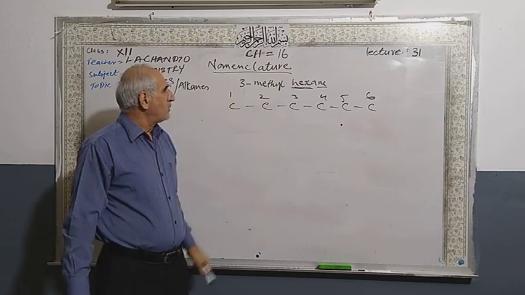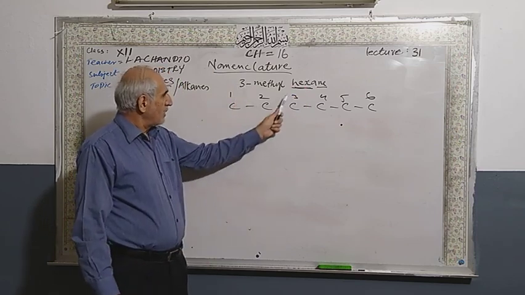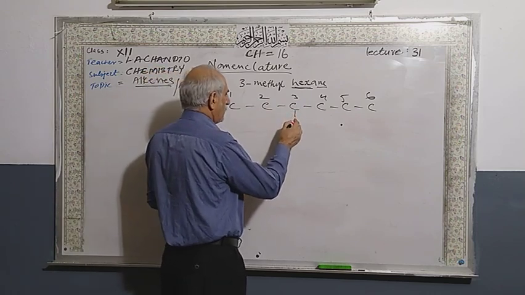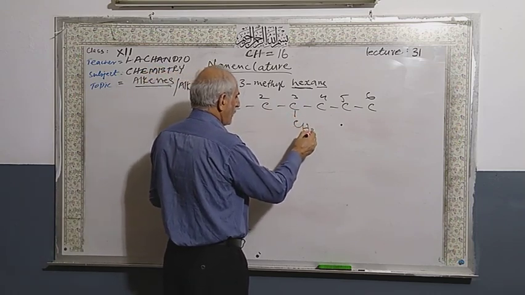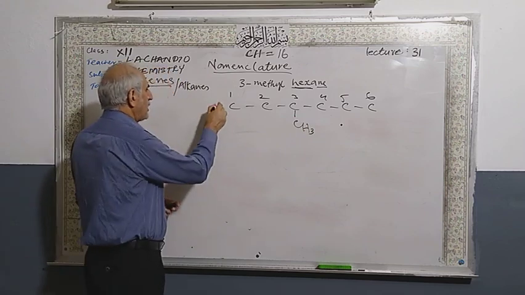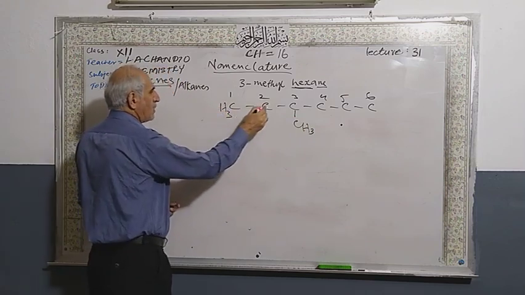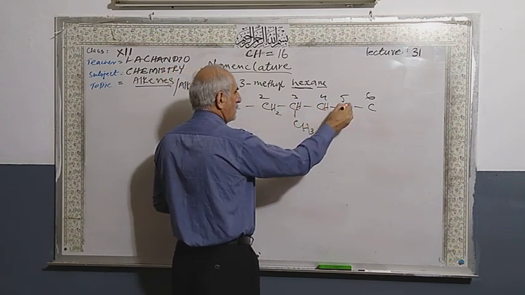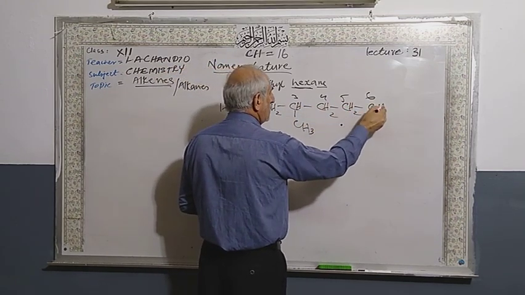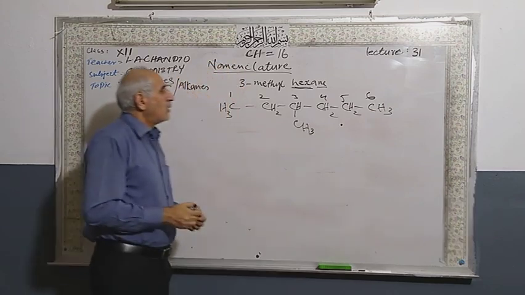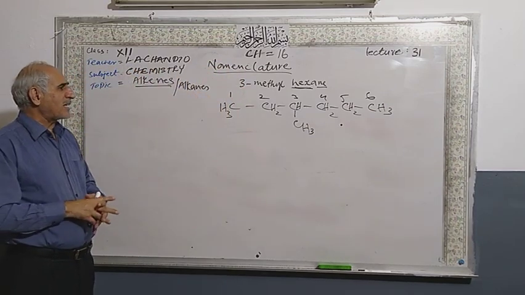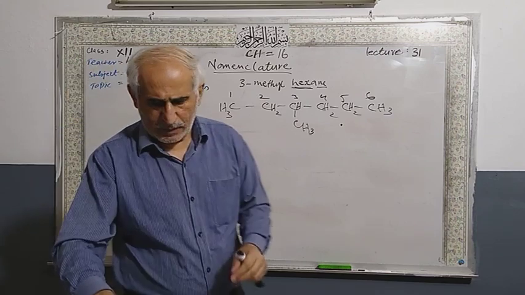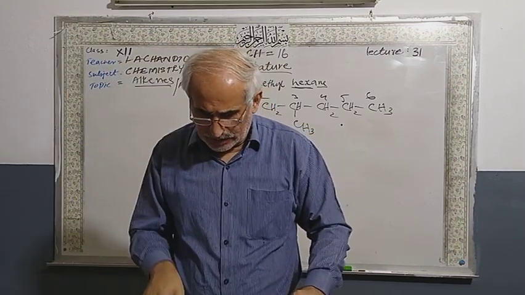And single bond. Then 3. This is a 3 carbon methyl, like this one, and satisfy the valency. 3-methyl hexane. This is the simple name for this.